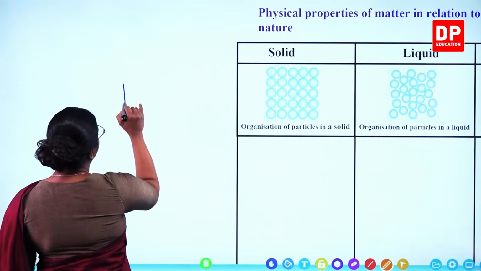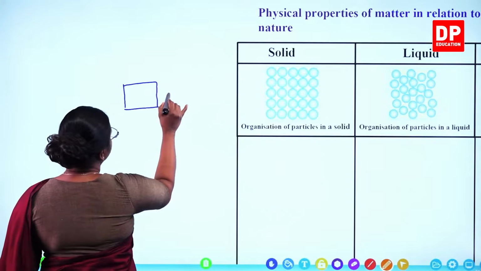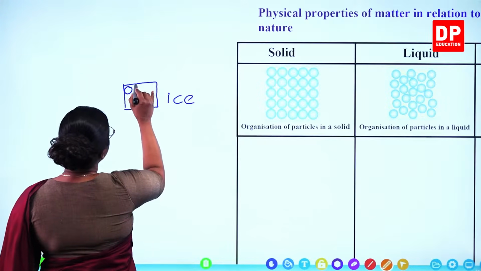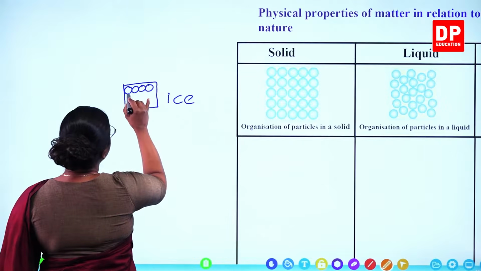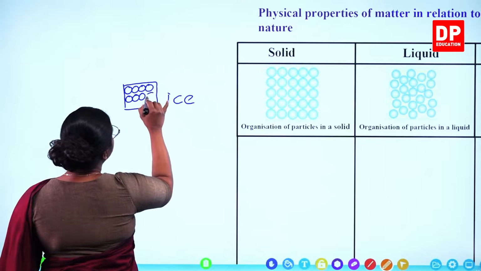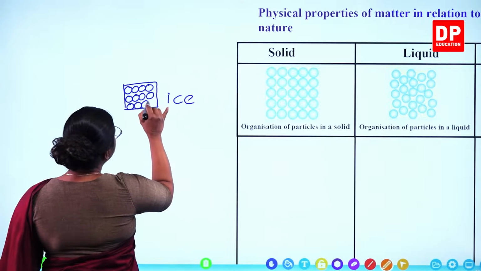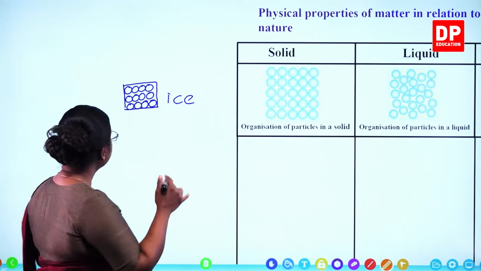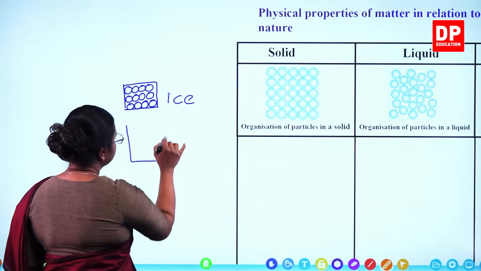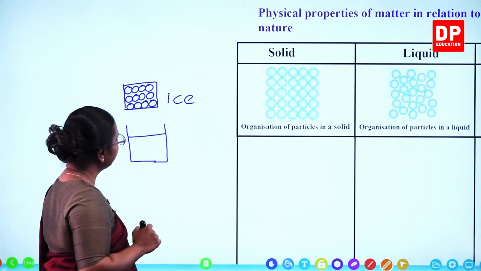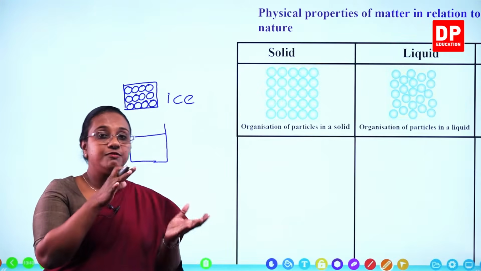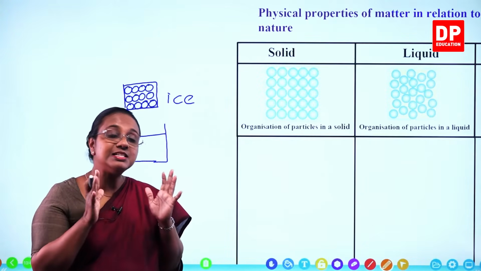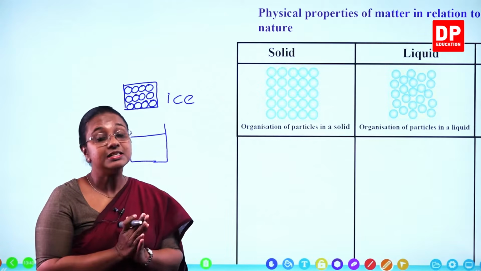If you take ice, a cube of ice, like in the first diagram, you all can see the particles are very closely arranged and they are arranged in an organized manner. Whereas if you take liquid, the same thing when it comes to liquid. Now this ice, even if you tilt it, you keep it in different sides, still the shape of the ice remains the same.